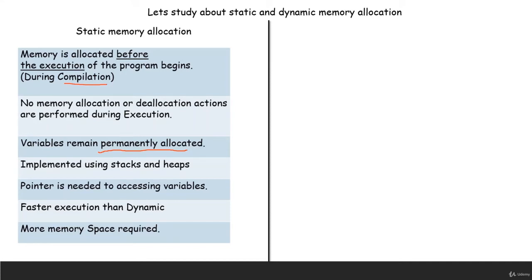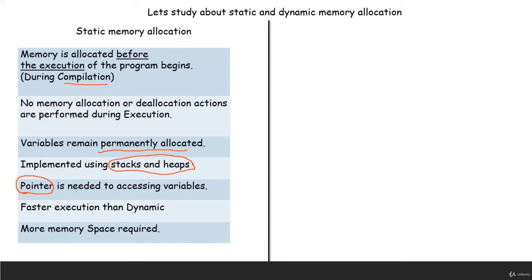Implemented using stacks and heap. Actually, this part we are going to discuss in further lectures, so let it be. The next point is that a pointer is needed to access variables. Yes, because a pointer holds the address of variables, so it is needed to access variables. It has faster execution than dynamic.